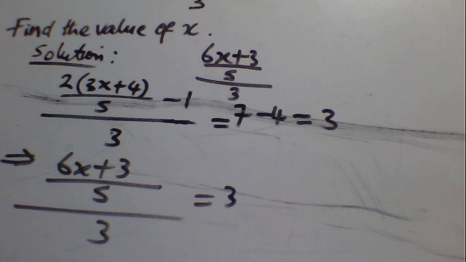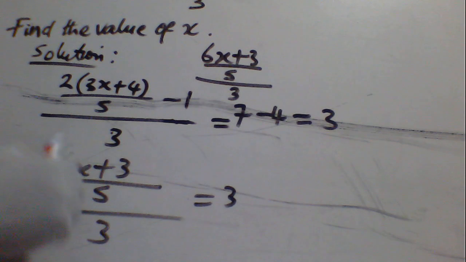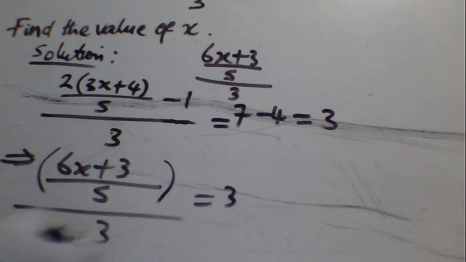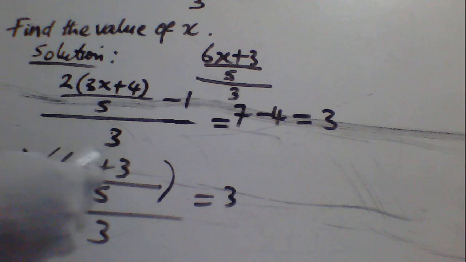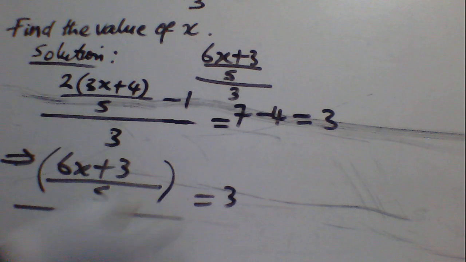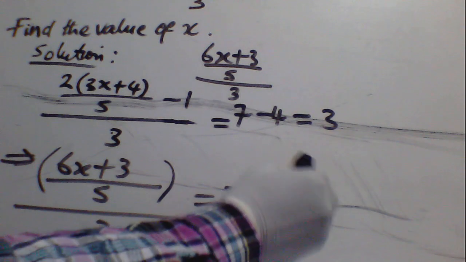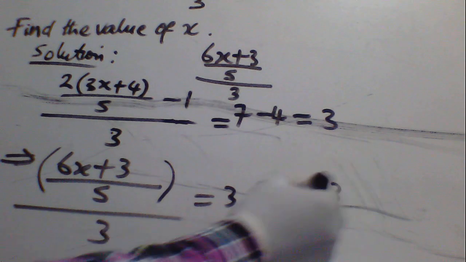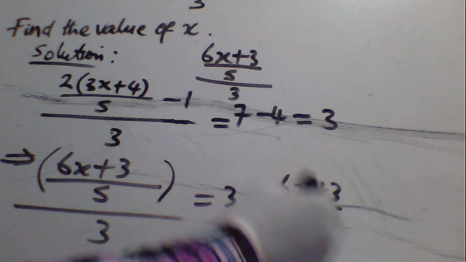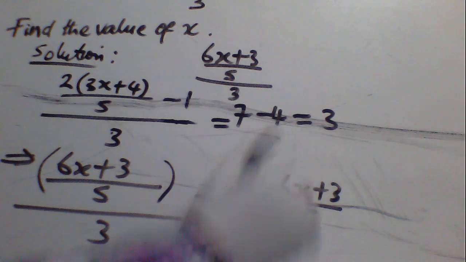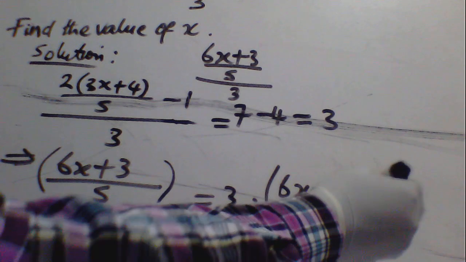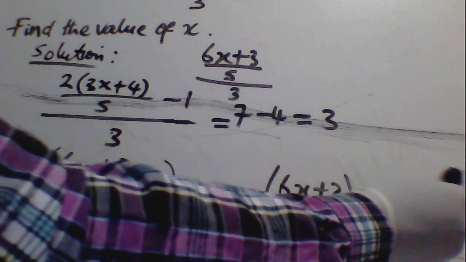You can know that all of this is one fraction. It's just the numerator of a complete fraction. So if you want, you can cross multiply from here, or if you want, you can simplify. This is the same as (6x + 3)/5 divided by 3 is equal to 3.